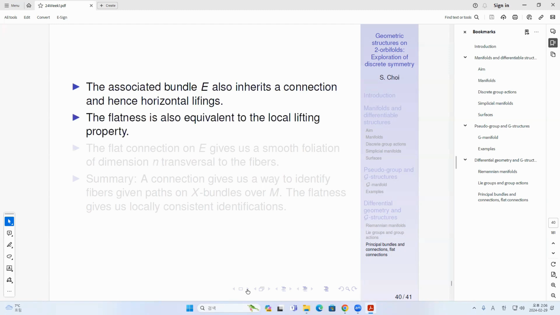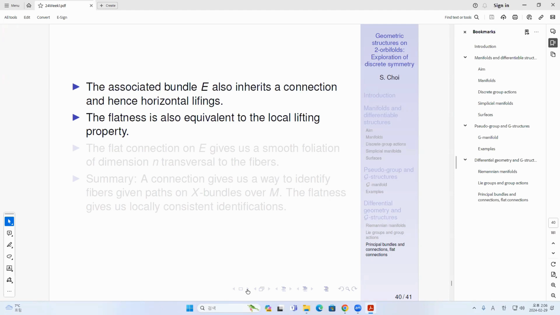Flatness is also equivalent to the local lifting property. You have an associated bundle, and you can do the same sort of local holonomy here, because connections give you a way to identify the fibers. If it's flat, then you can find the foliation.